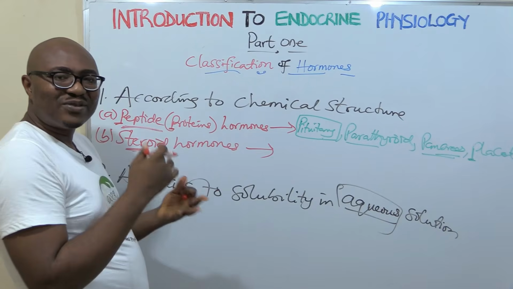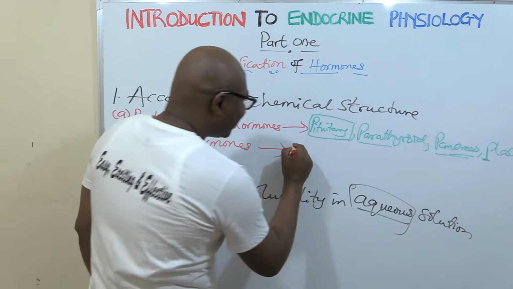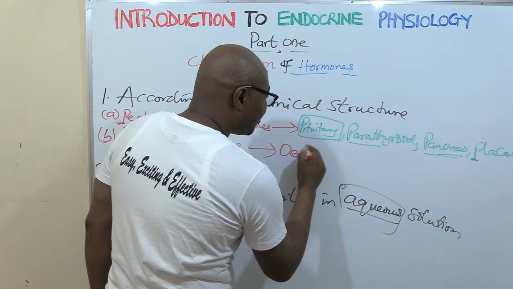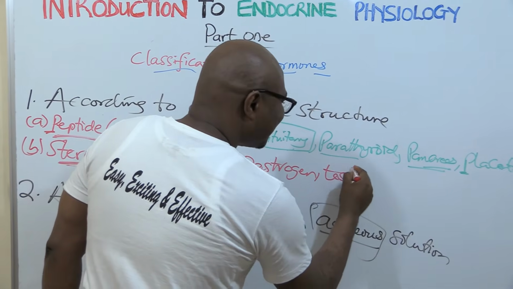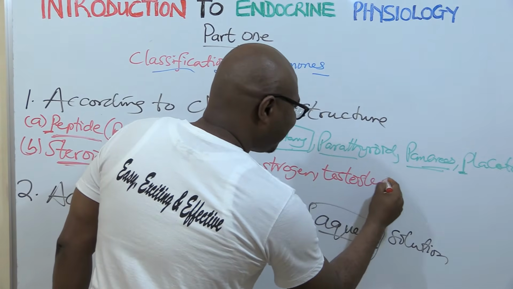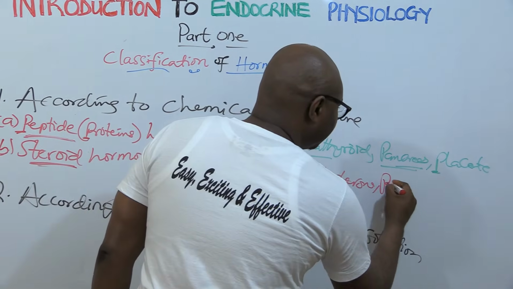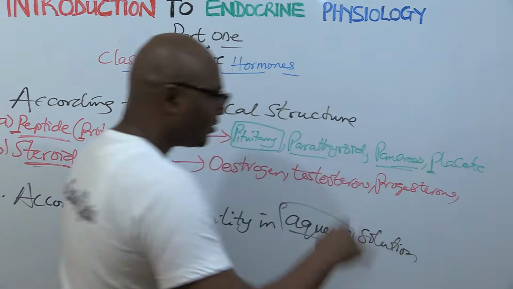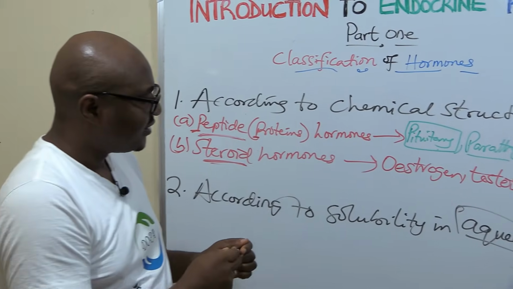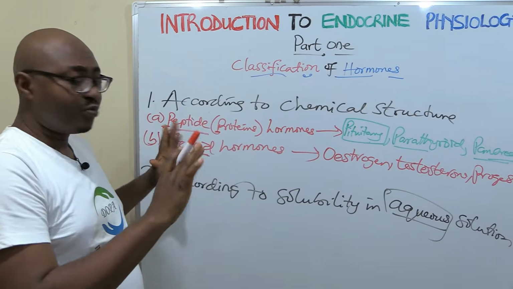Examples of steroid hormones: you have estrogen, which is a reproductive hormone, testosterone, progesterone, and so on and so forth, and some others that we're going to be dealing with as we go ahead.